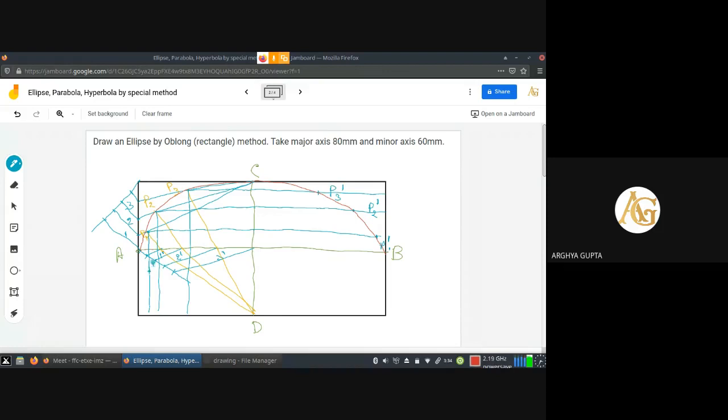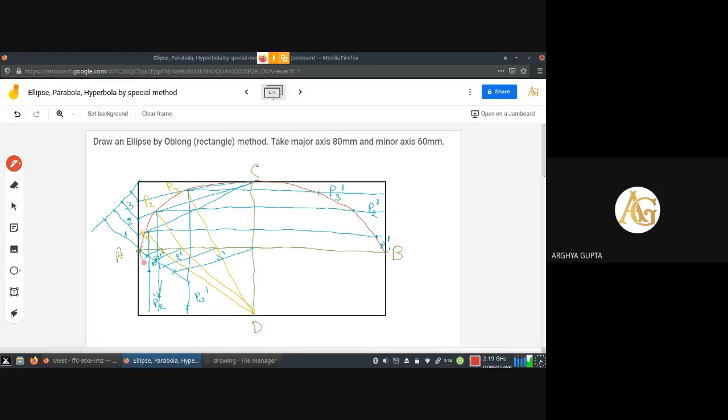So let us say it is P1 double dash. Now the distance of P2 from the line AB will have to be taken with the divider and marked here. So name the point P2 double dash. Now the distance of P3 will have to be taken. Now P3 double dash.